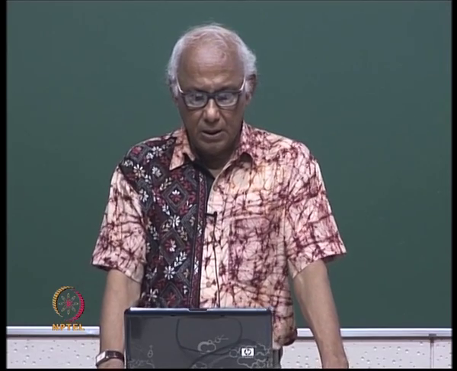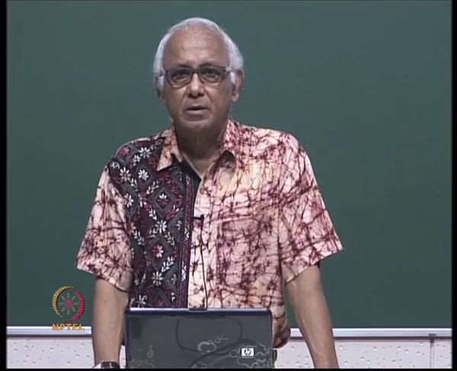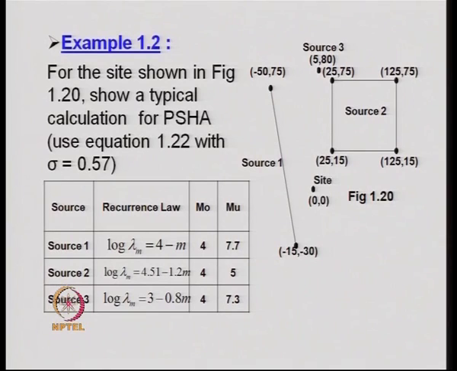Now, the way the PSHA is calculated will be explained with the help of this example. Before I go into the example, let me repeat some of the basic formulas that are used for calculating the PSHA, which we discussed in the last lecture.